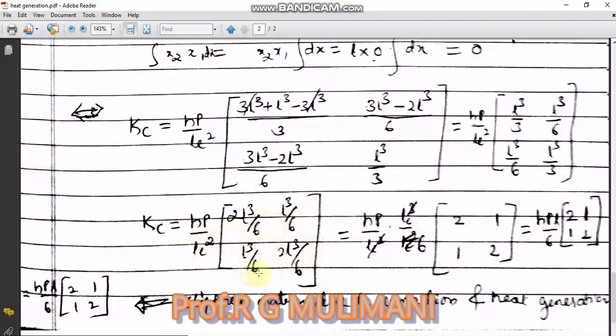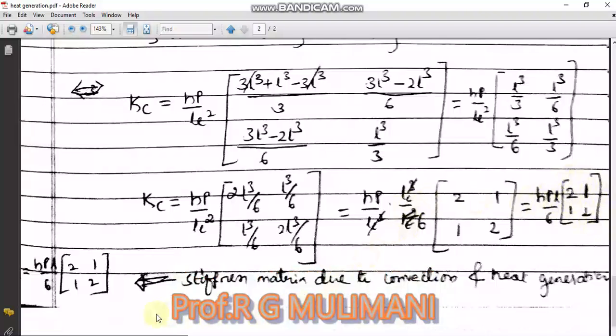All the terms have L cube, so L square and L cube get cancelled, and the remaining is HPL by 6 times the matrix [2 1; 1 2], where H is the convection heat transfer coefficient, P is the perimeter, and L is the length of the element. This is the matrix due to heat generation. Okay, thank you.